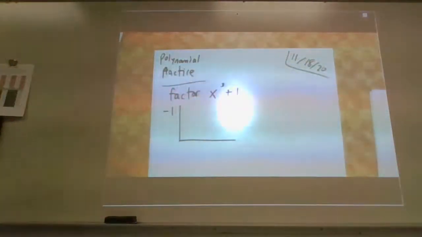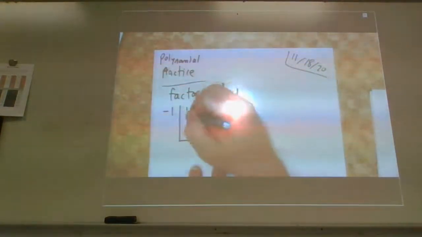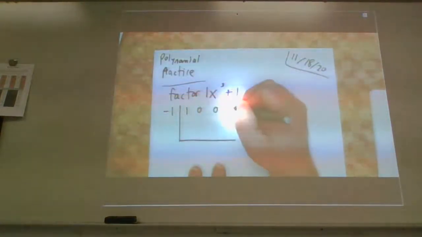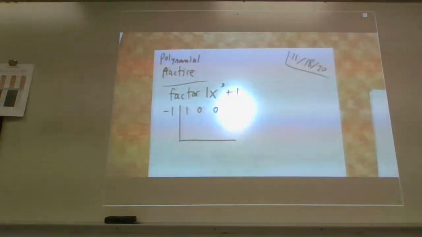I have to write the coefficients. It's a 1x cubed. What's my x squared coefficient? 0. What's my x coefficient? 0. See, the thing is, you need to have those zeros in there as a placeholder. You are going to have to fill in the synthetic bar like that.